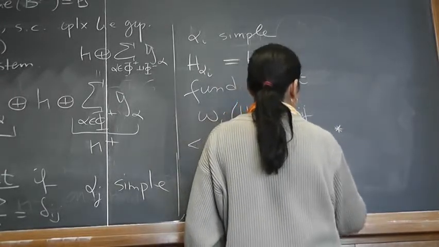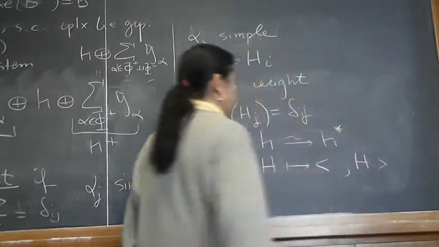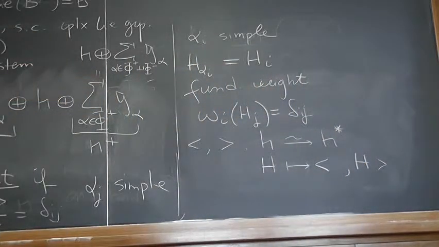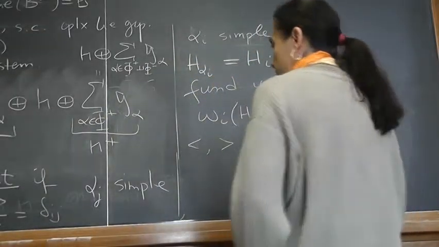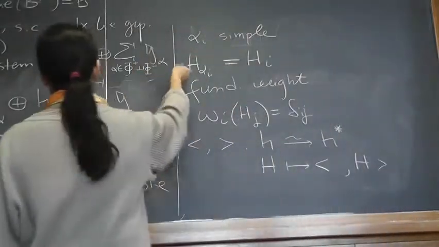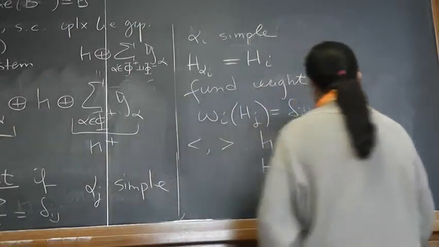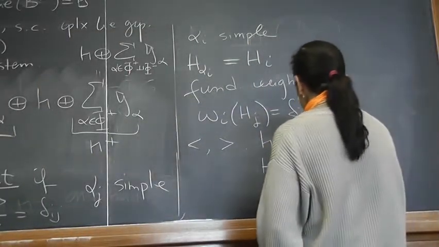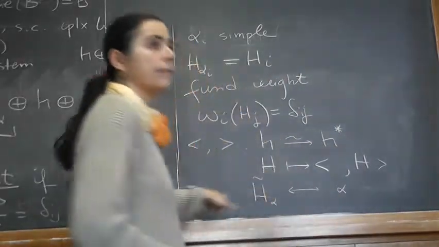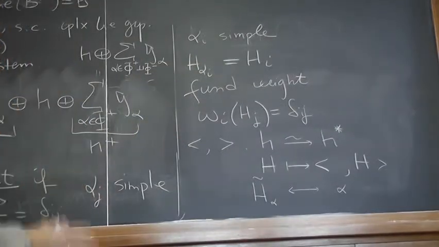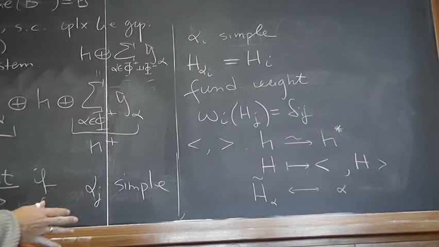If you have the Cartan-Killing form, it establishes this correspondence. So if you have an element here, there is clearly a corresponding element which I call H tilde alpha here.